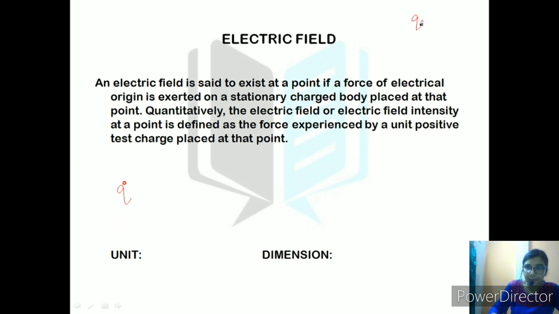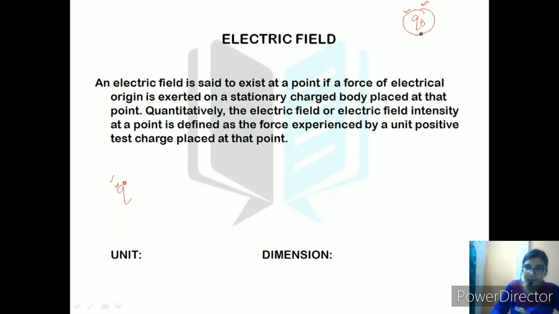If we keep a charge q naught far away, such that it does not experience any force due to q, suppose these two are positive and q naught is so far away that it does not experience any force on it, then we say that it is not in the electric field of this charge q. That means it does not experience any force of electrical origin at this point.